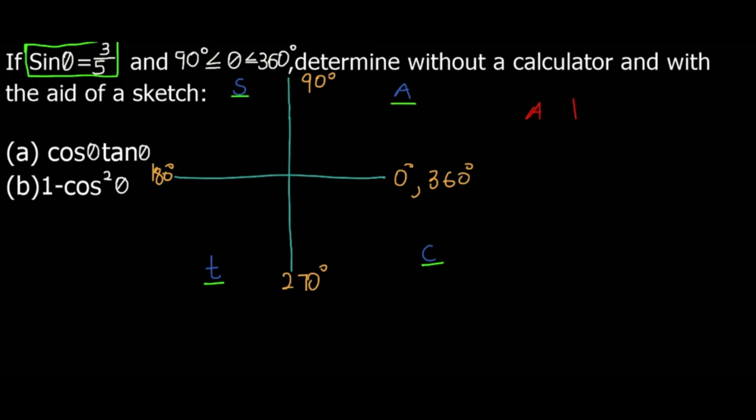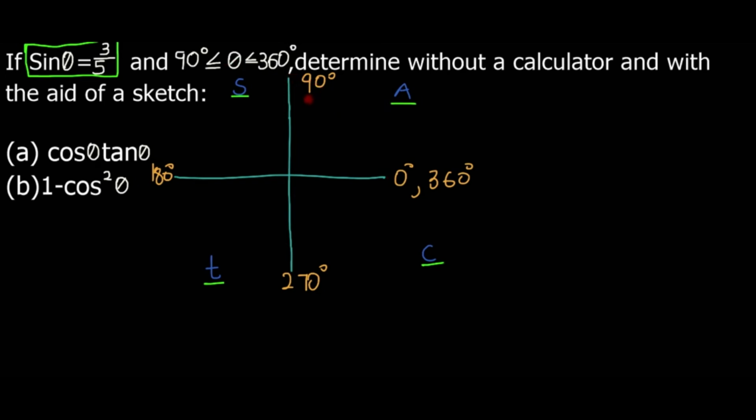So it means our angle is greater than or equal to 90 degrees, and then it is less than or equal to 360 degrees. From here to here is 90 degrees, but based on this information they say our angle is more than 90 degrees, which means we will not use this quadrant.